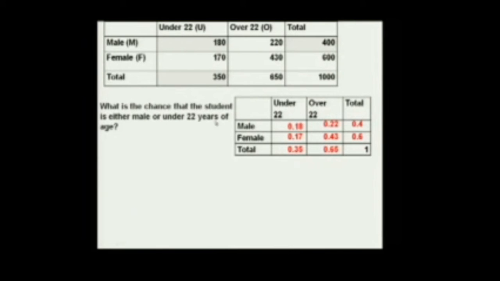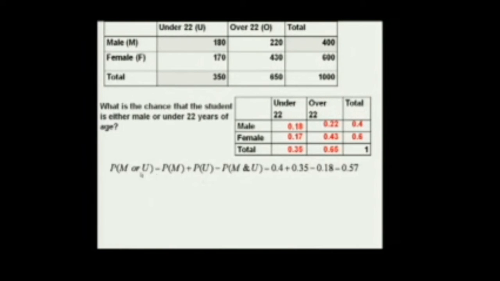We told you before in the previous session that for either male or under, if these are not mutually exclusive, meaning that students can be male and under, then we use the law of P(A) plus P(B) minus P(A and B).